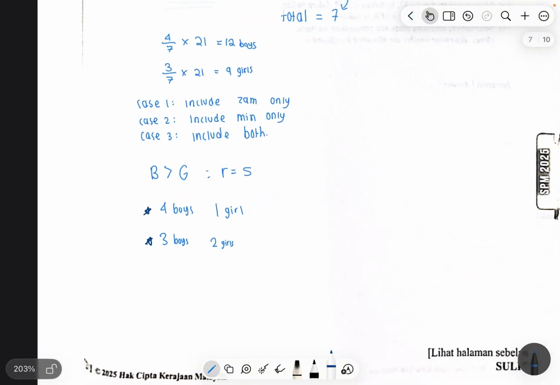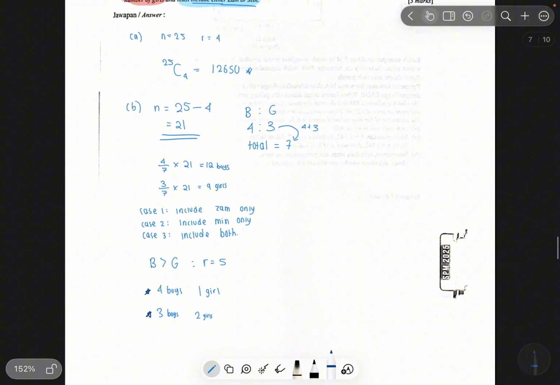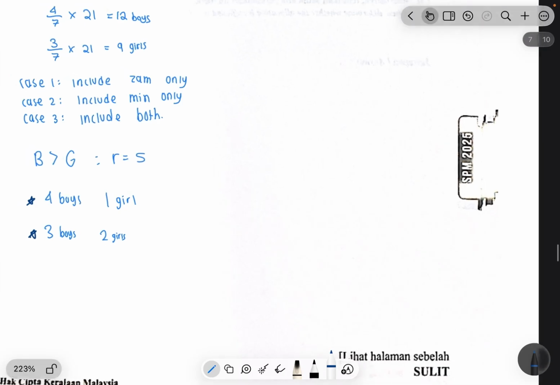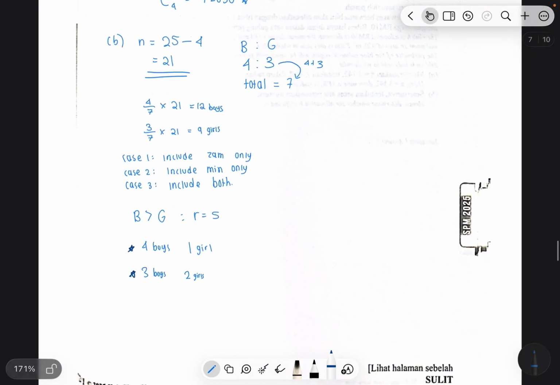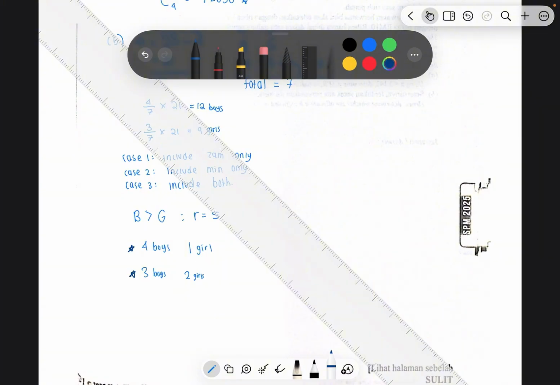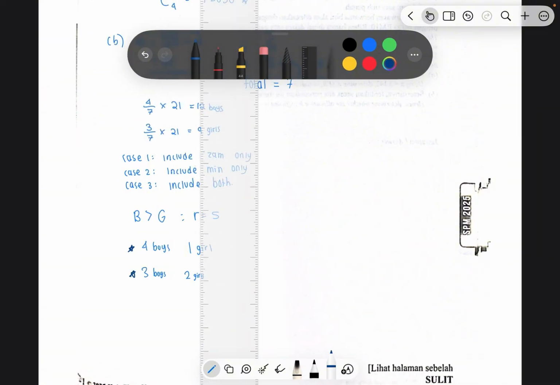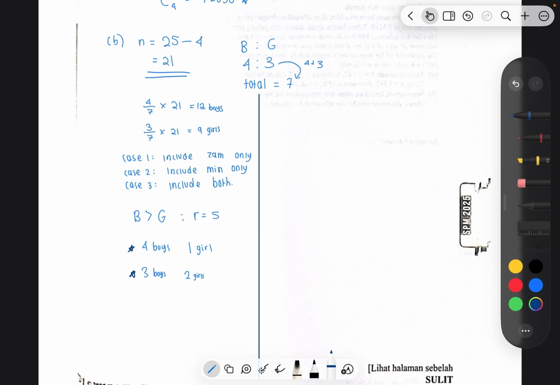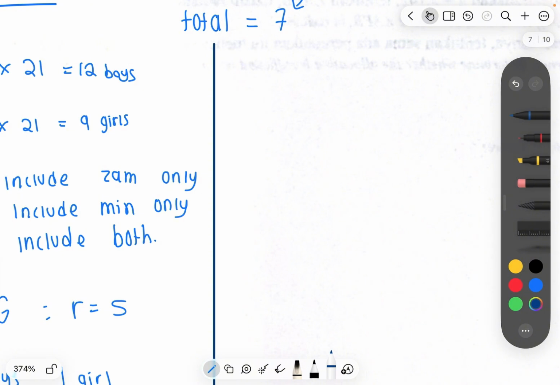Now the real hard part: how do we create a probability for this? I'm going to start with 4B plus 1G, B is boy, G is girl.